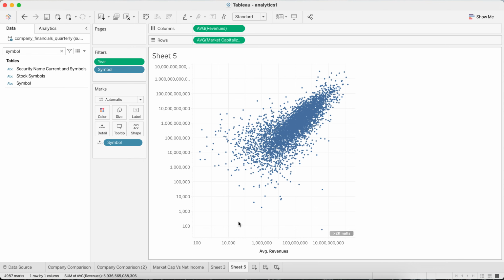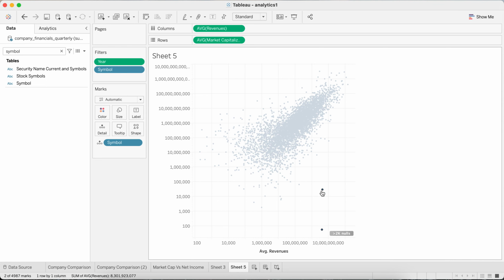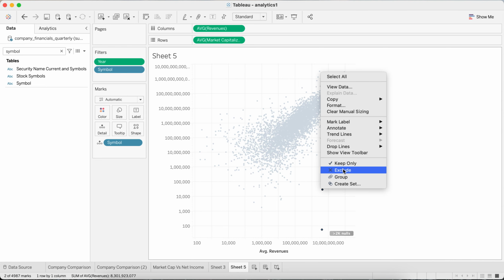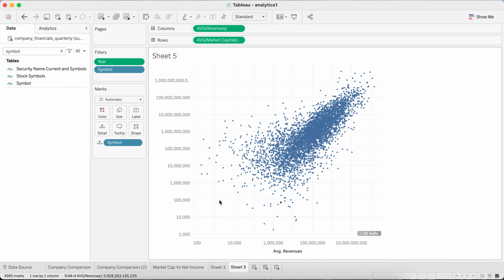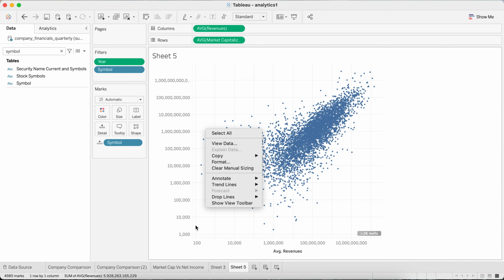Perhaps they're going bankrupt, we don't know. Or it could be a data quality issue at the moment. That's still a work in progress in this data set. Let's just filter them out for the sake of showing this nice relationship, which looks very linear, but remember that we are looking at this in logarithmic scales.